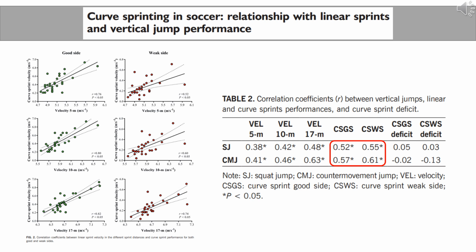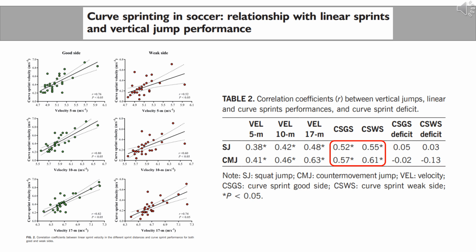That's it so far. So this figure, which is presented really nicely on the left-hand side, gives us some correlational values between curve sprint velocity, so not time, we're talking about the metric of velocity now, on the vertical axis in all 6 graphs, and velocity during linear sprinting at 5 meters, 10 meters, and 17 meters on the good side, which would be the fastest side, and the weaker side, which would be the slower side.